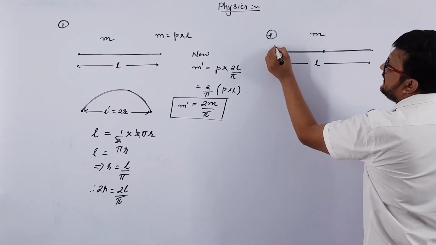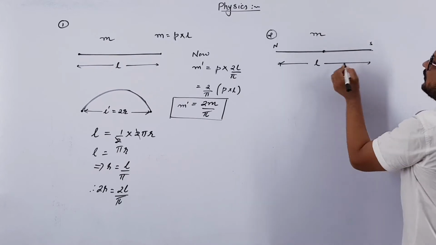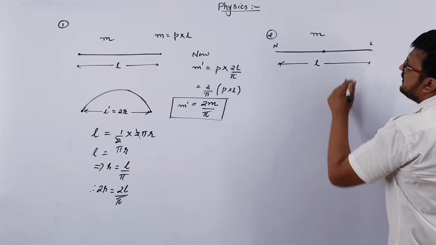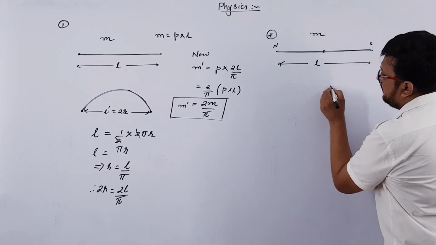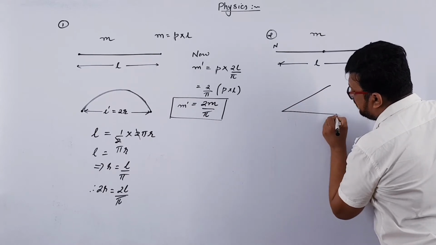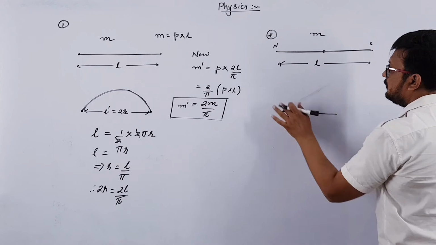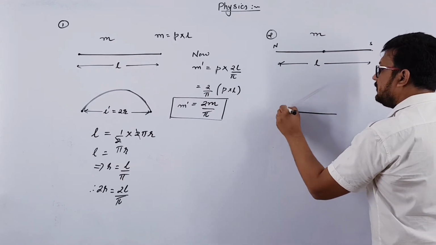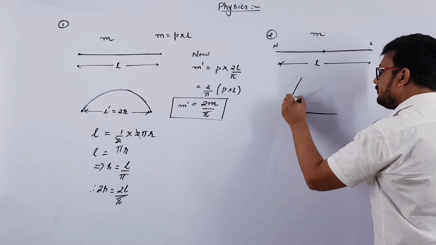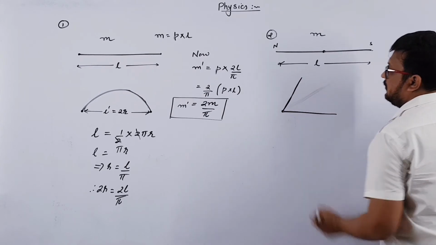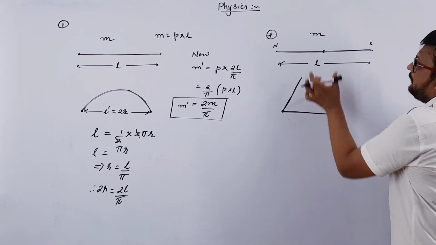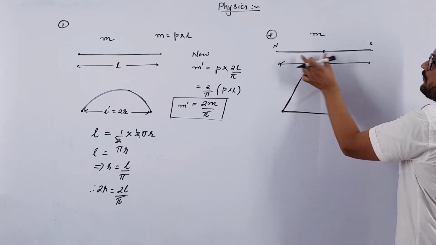Let us say this has north pole and this is south pole, and we bend from the midpoint such that the angle is 60 degree, like this. So basically you are cutting it into half of its length.